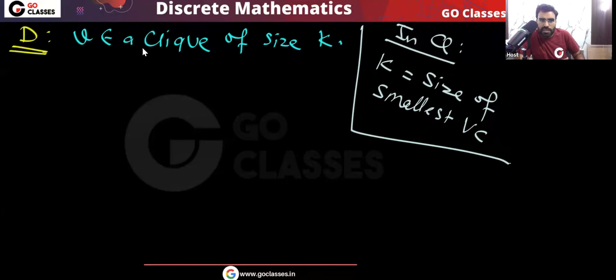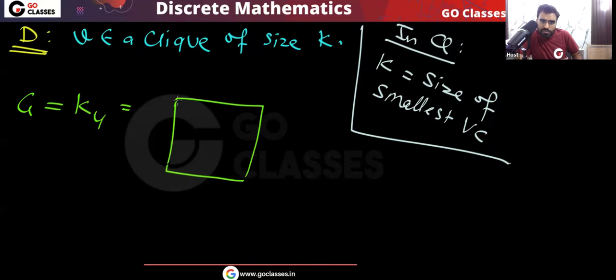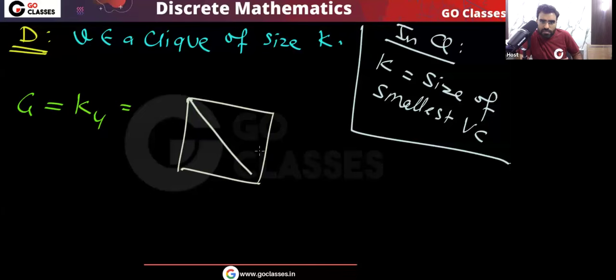What to do? You just consider a clique. Let me assume that this G is K4. Assume your graph G is K4. This is your graph A, B, C, D. Now you can notice for this graph, what is the k?